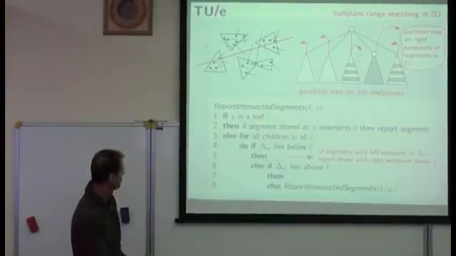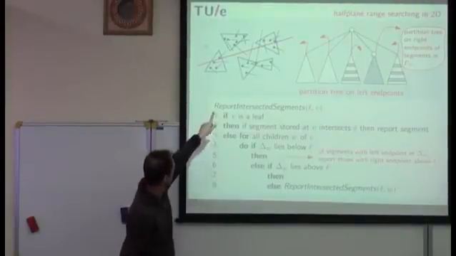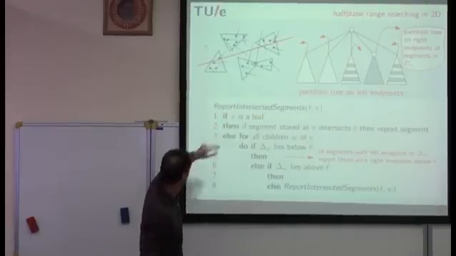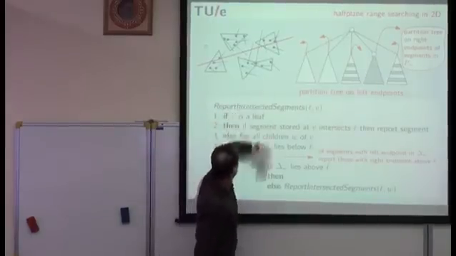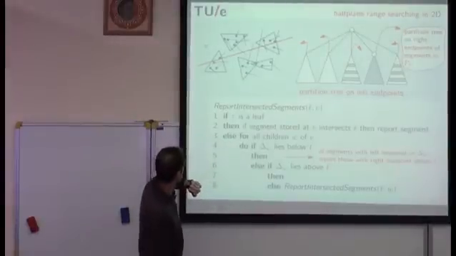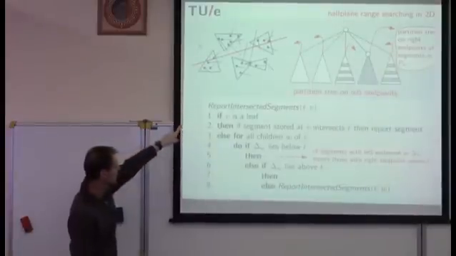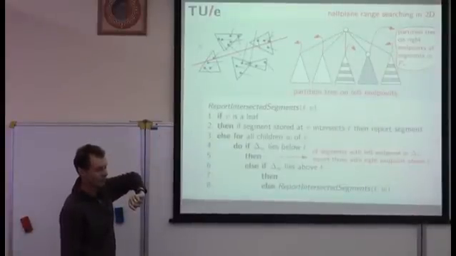Then in the query algorithm, you search with a line. So in the partition tree, you would say, okay, these two triangles are completely below the line. So that means that their left endpoints are below the line.